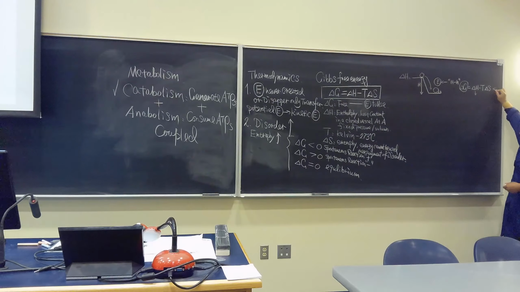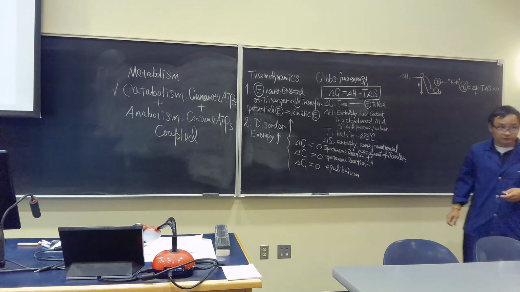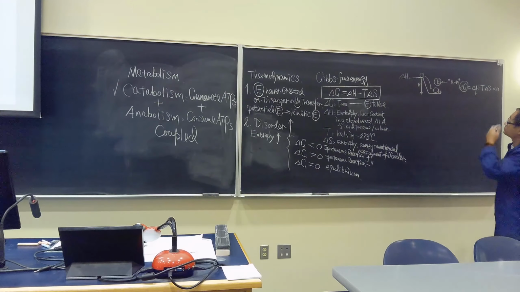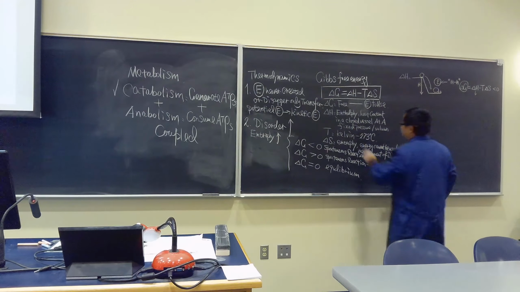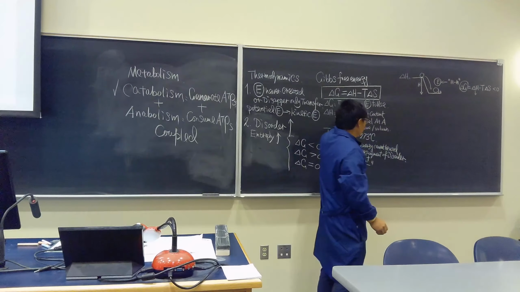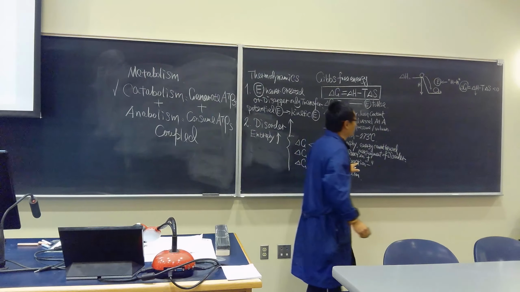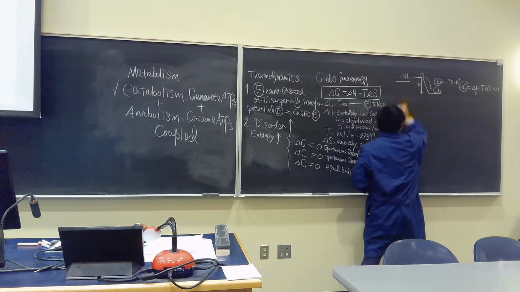Of course, it's less than 0. Is that right? So that's one of the ways to explain this equation. If the enthalpy is decreased, the spontaneous reaction will happen. That is what we explain for delta G.